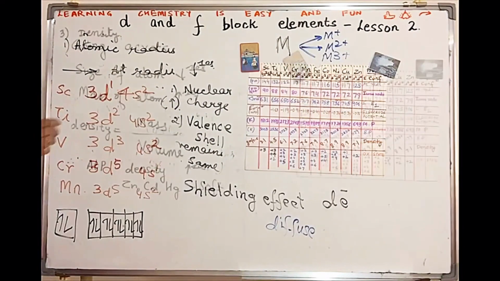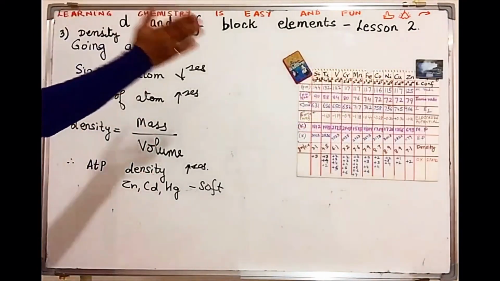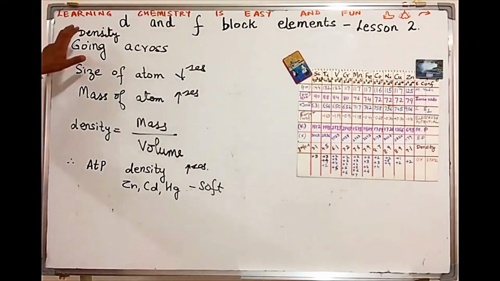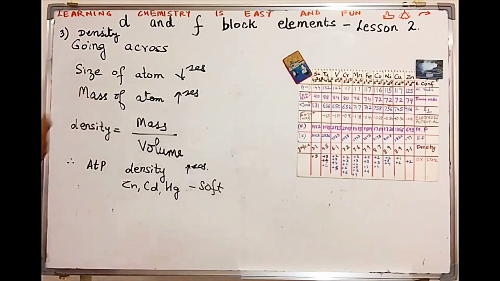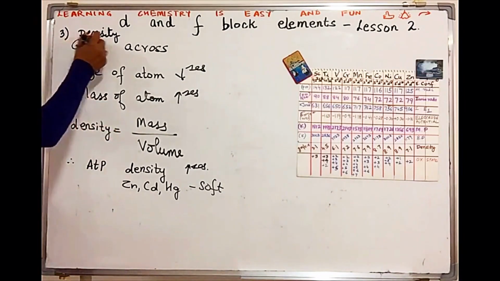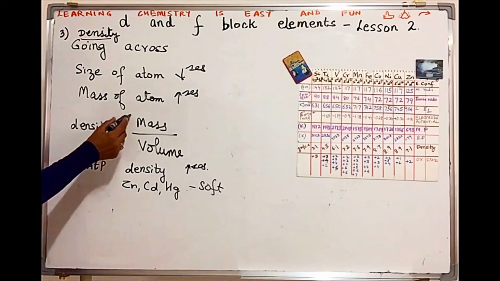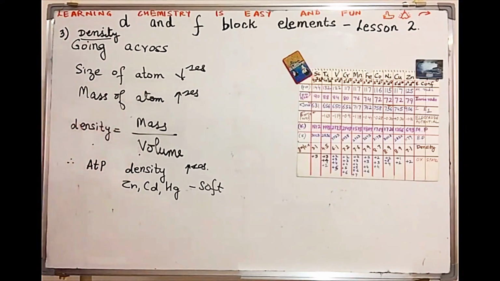Let's go on to correlating the atomic radius to the density of the elements in any particular series, the 3d, 4d, 5d. Density is nothing but mass per unit volume of a substance, and this we know from our knowledge in physics, right?